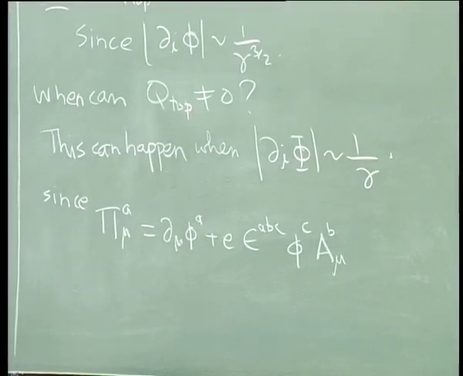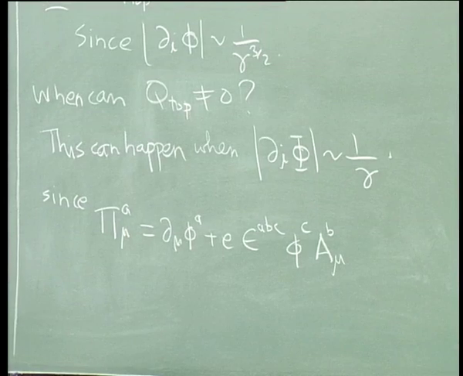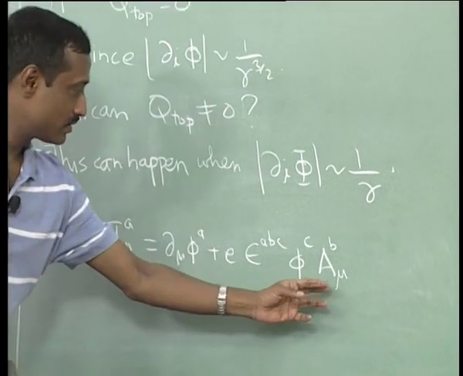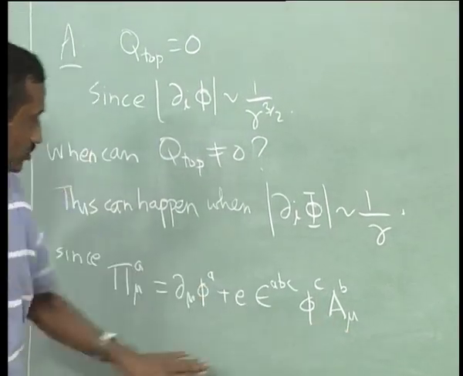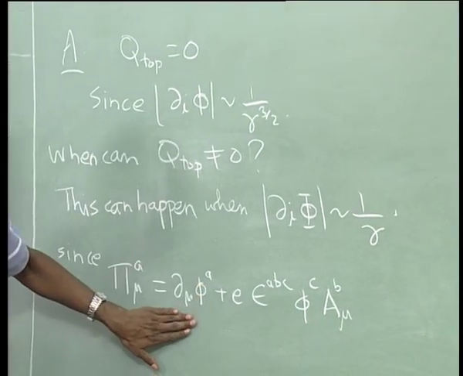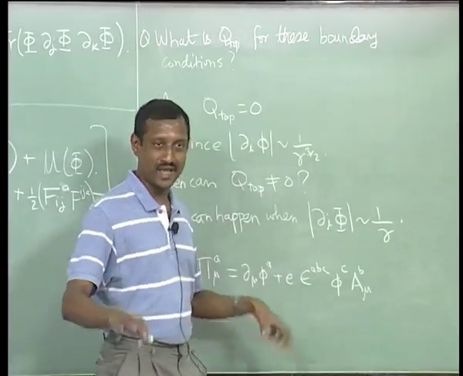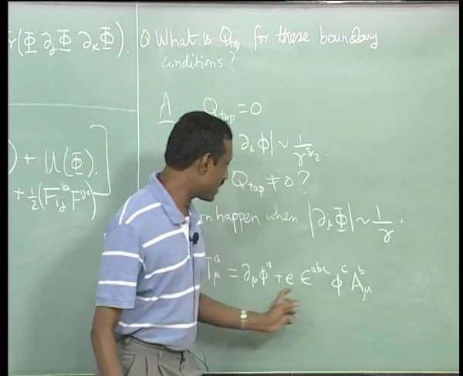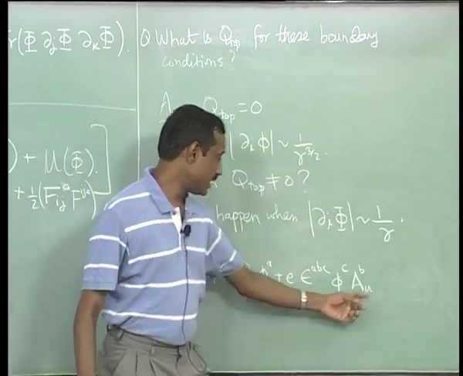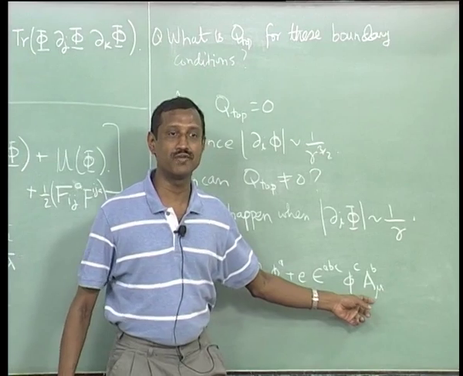Okay, so what this tells you is that you can arrange things such that A mu goes like 1 by r, and this should also go as 1 by r, but there should be a cancellation. In other words, the 1 by r part of D mu of phi a actually determines the 1 by r part of A mu.